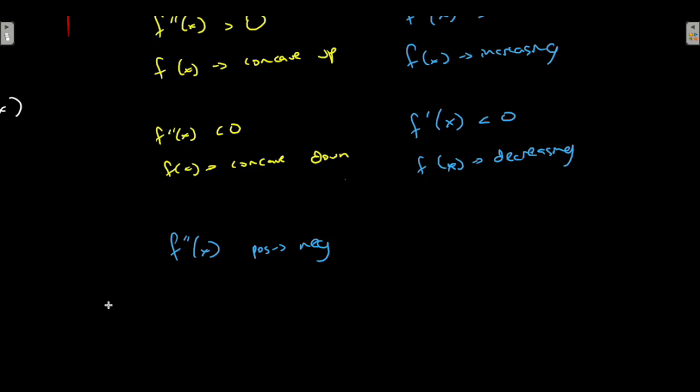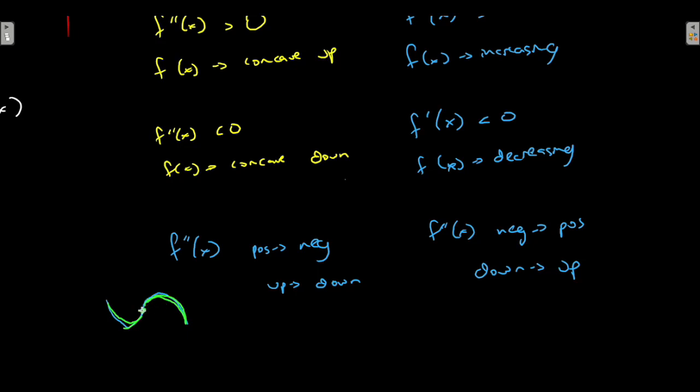This would basically mean you have a positive concave up, and then you change to negative concave down. So this is going to be, I'll just put up to down. And then f double prime of x, negative to positive. This will be down to up. So these are points of inflection. I'm just using this small sketch here. This point would be the point of inflection. As you can see, this is concave up, and this is concave down. And this point is where it switches from concave up to concave down.